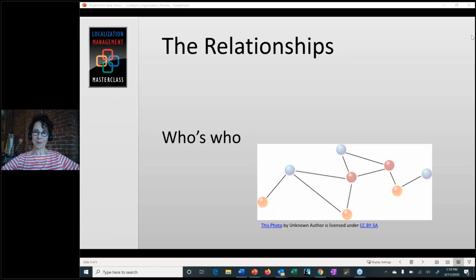Related to that, we'll talk about roles that are similar to roles in localization, because sometimes, especially in a buyer organization, you hit a ceiling in terms of your role, and you want to think about what if I wanted to reach a higher level or do something slightly different. So we'll talk about similarities between roles in localization and other roles inside your company, and what you might be able to do.